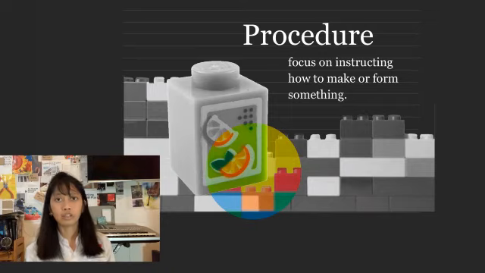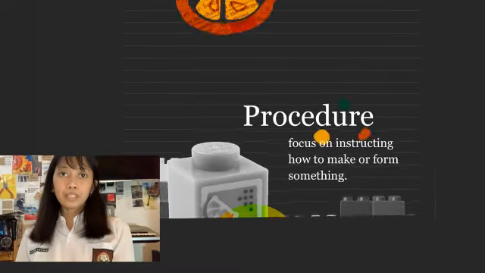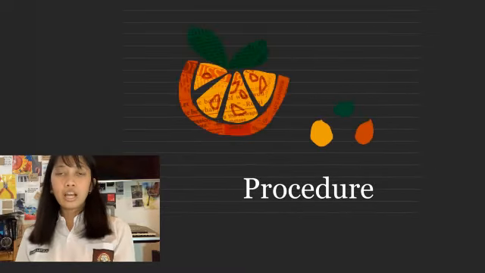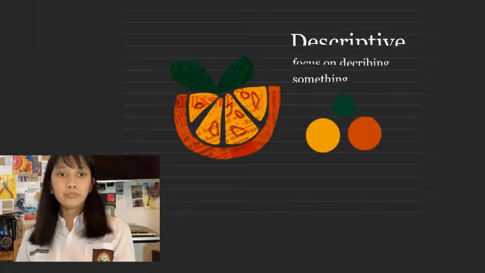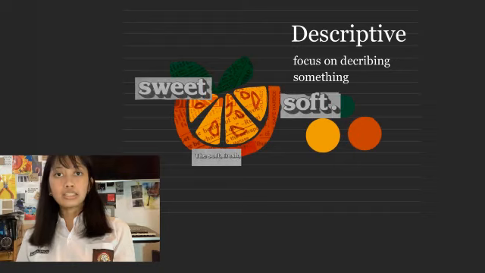Procedural text also contains a lot of temporal conjunctions, such as first and then, to indicate a sequence. A descriptive text will convey more focus. A descriptive essay simply describes something or someone by appealing to the reader's senses.